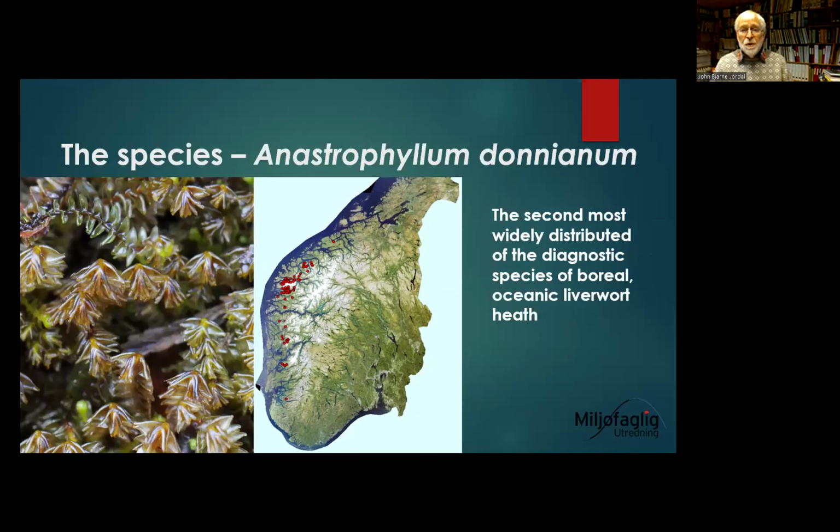The second most widely distributed of the diagnostic species of this oceanic heaths is Anastrophyllum donianum, which is also distributed along most of the western coast. This species is also on the coastal mountains, somewhat away from the coast.